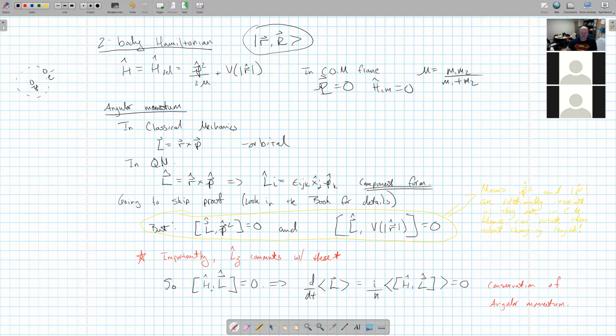So the angular momentum commutes with the Hamiltonian, which simply means that the time rate of change of the expectation value of the angular momentum is equal to 0, which gives us conservation of angular momentum. So in classical mechanics, for the two-body problem, we have conservation of angular momentum, and in quantum mechanics, we also have conservation of angular momentum. So it's nice to see that that carries over from classical mechanics.